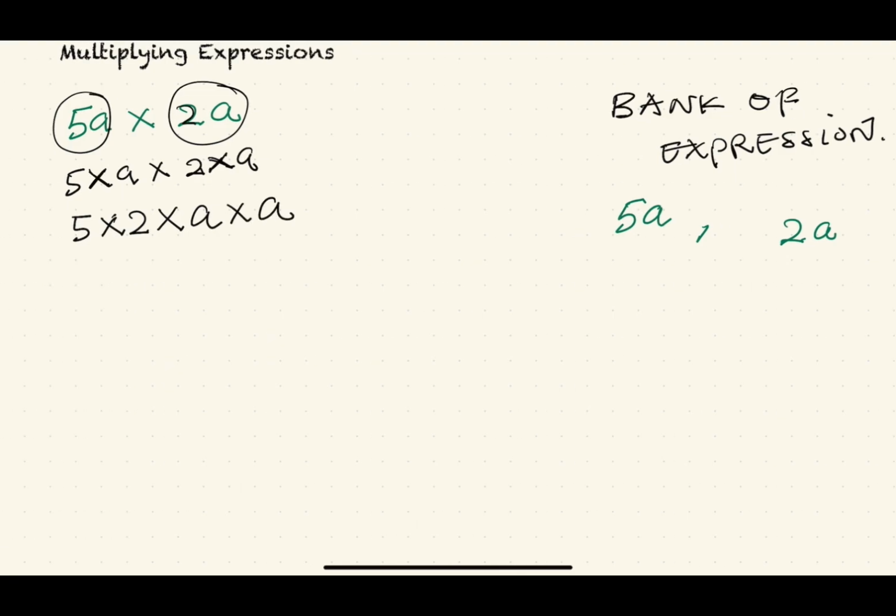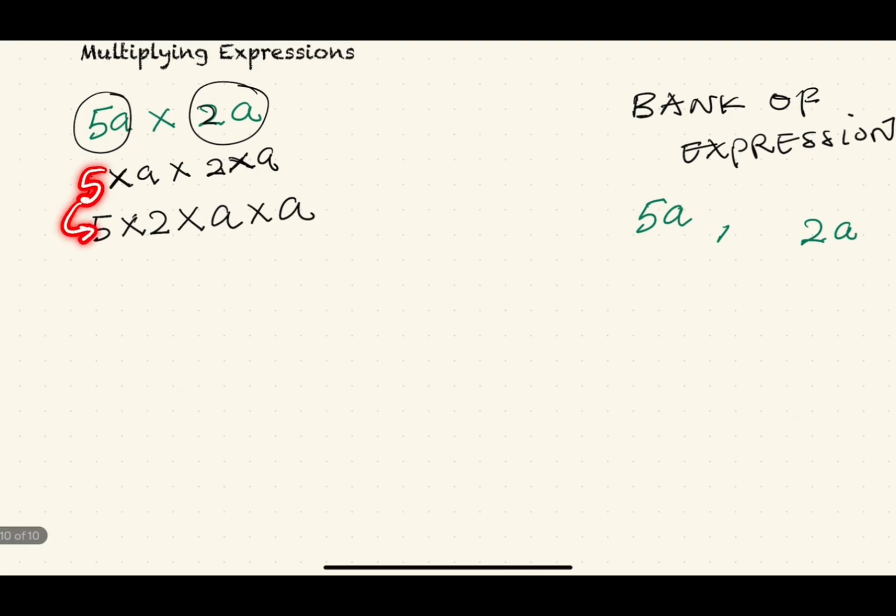So the 5 comes here, the 2 has come here, the A has gone here, this A has come here. So 5 times 2, rather, this 2 here is what leads us to the 10, and this A times A is what leads us to the A squared, because we have the same number multiplying itself twice.